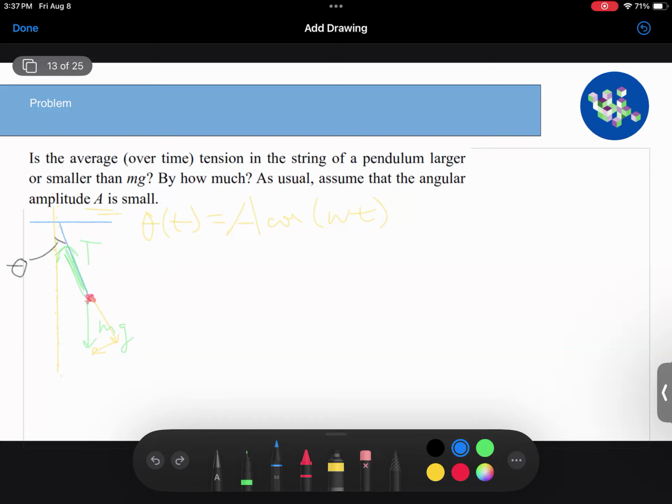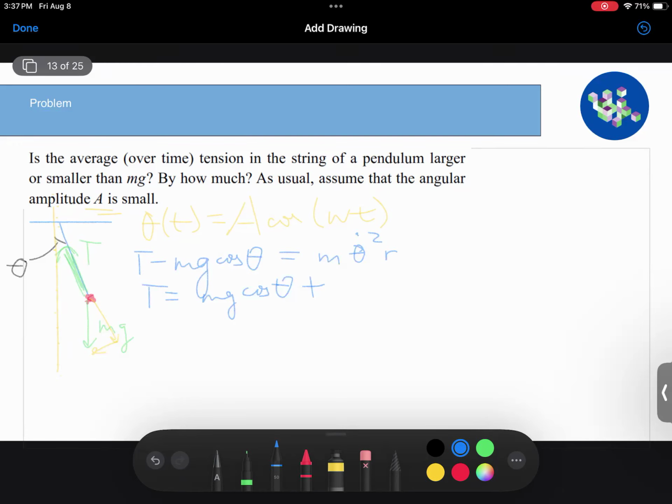So the radial force will be T minus mg cosine theta, right? That must equal m times centripetal acceleration, so m omega squared r, which is m theta dot squared times r. Then our tension equals mg cosine theta plus m theta dot squared r.